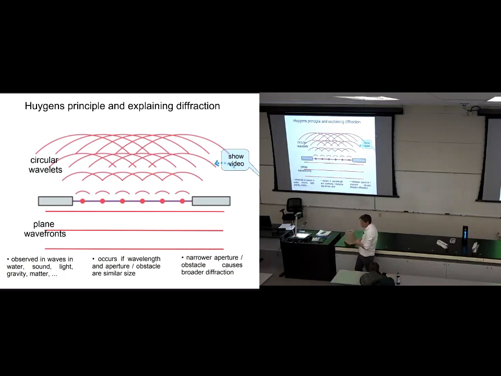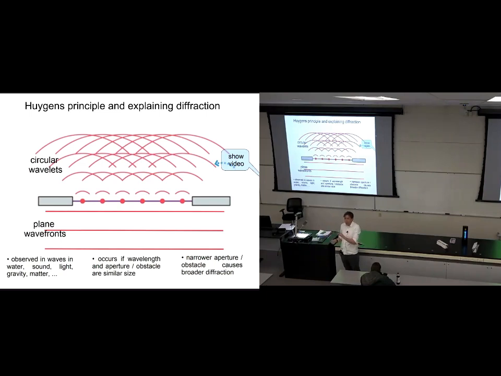As I say, it occurs for all types of waves. We're going to look at it for light waves mainly today, but we've seen pictures of it for water waves. That's another common case of diffraction. It also occurs for sound waves. Sound is another type of wave, and you get diffraction in that case.